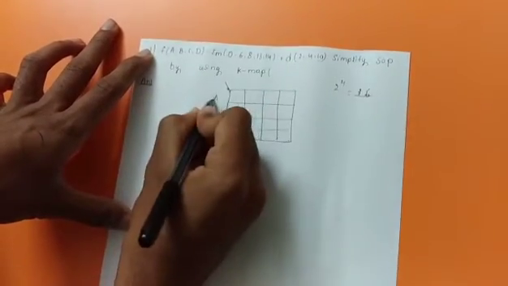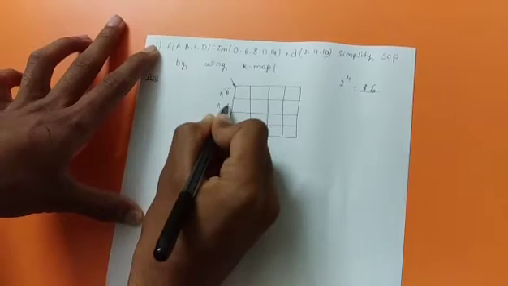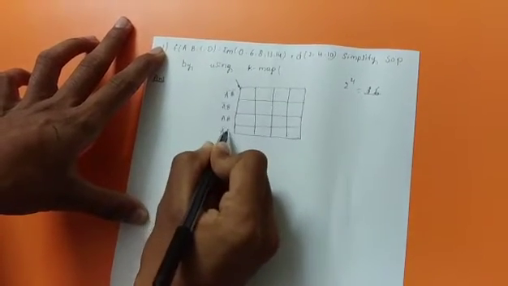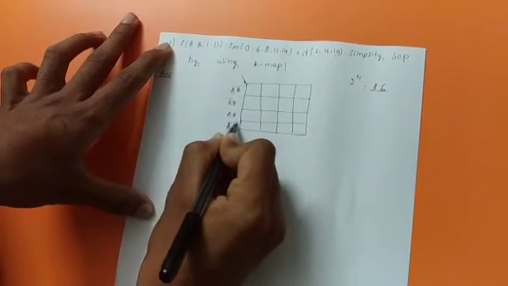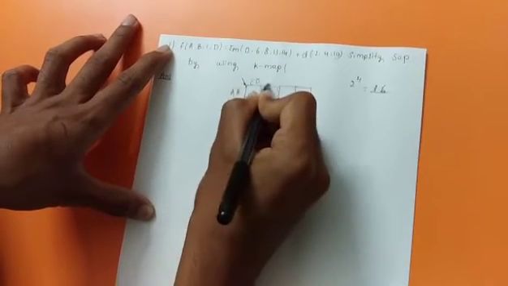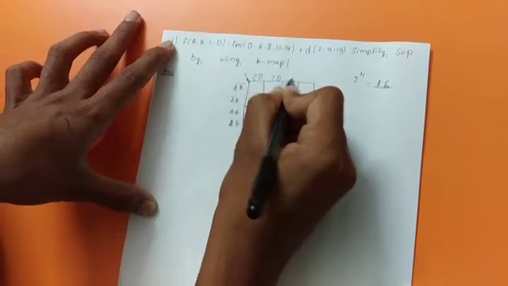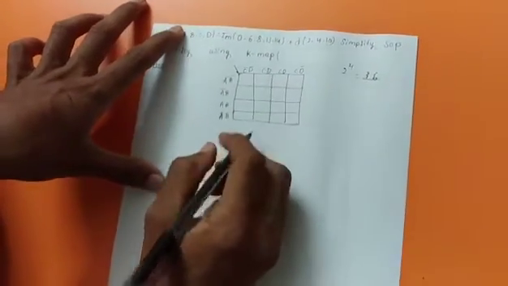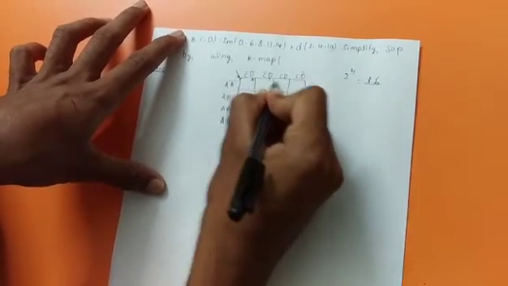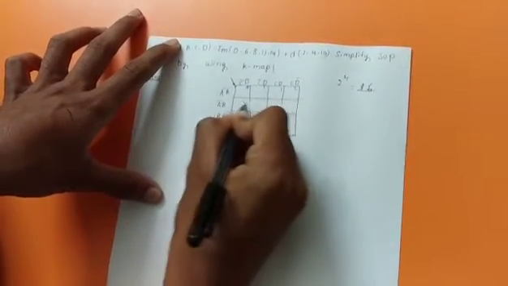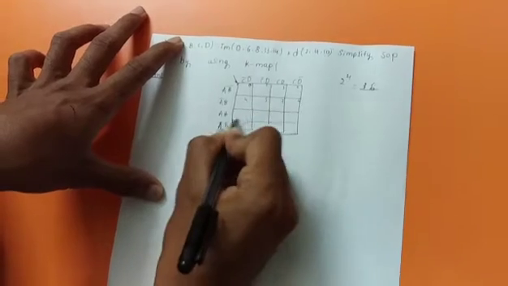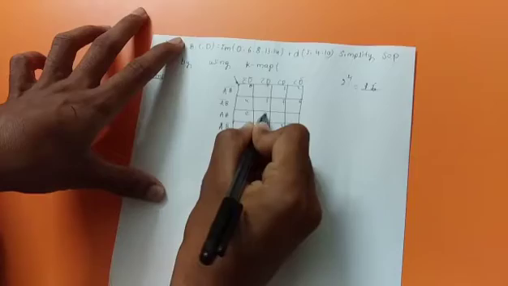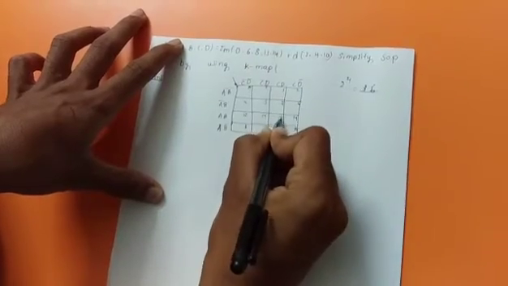Take a bar b bar, a bar b, a b, a b bar, and c bar d bar, c bar d, c d, c d bar, and take 0, 1, 2, 3, 4, 5, 6, 7, 8, 9, 10, 11, 12, 13, 14, 15.